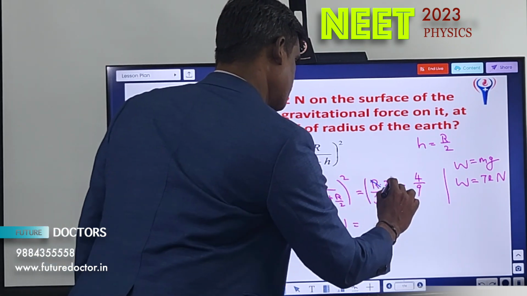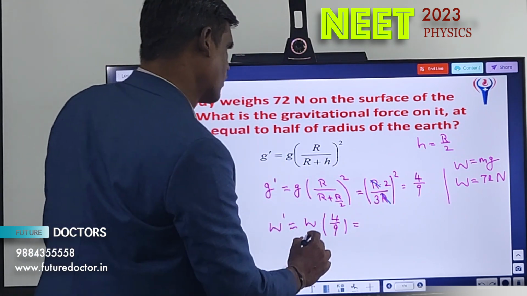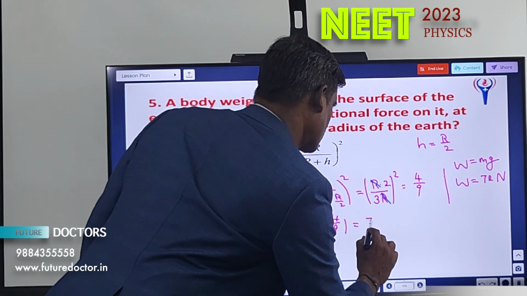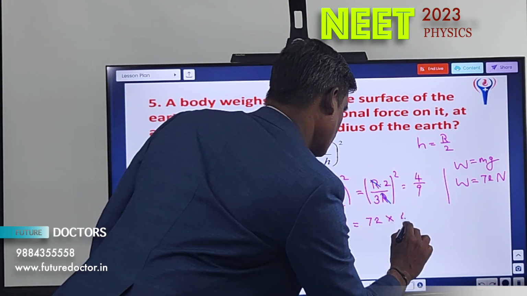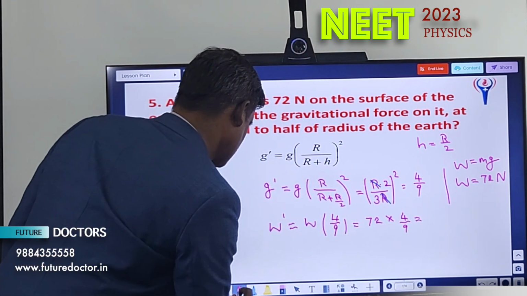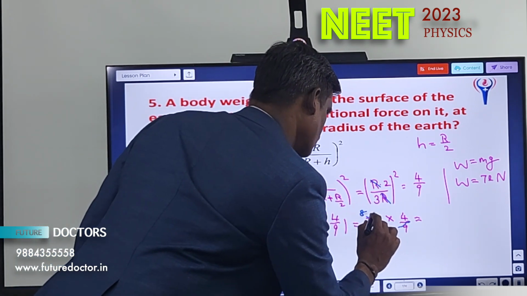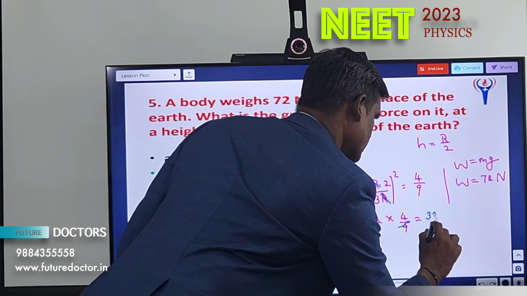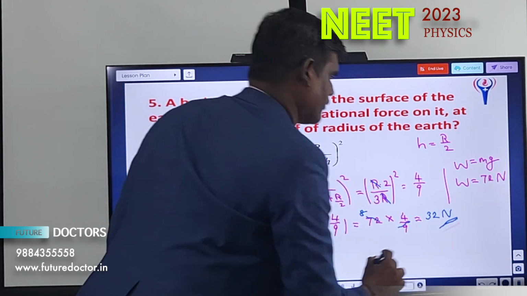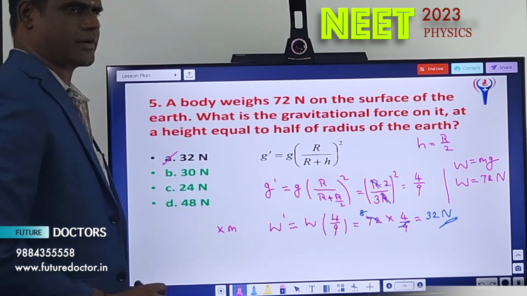Then W dash, that is W into 4 by 9, that is 72 into 4 by 9. Then simplify this, 9 8s are 72, is it so? 8 into 4, 32. 32 Newton, that is option A is the correct answer.